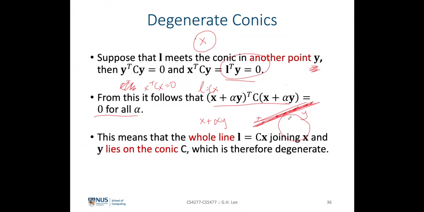It means that the conic must now also take a straight line. Therefore, the tangent line to this conic, which is also a straight line, would have all the points lying on the conic. And we say that this kind of conic is a degenerate conic. We will look at several cases of these degenerate conics.